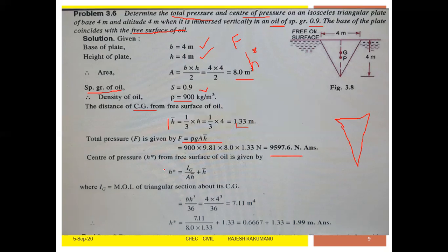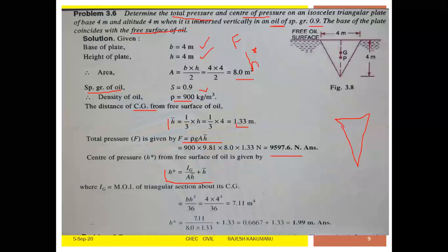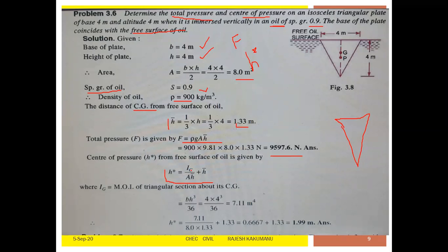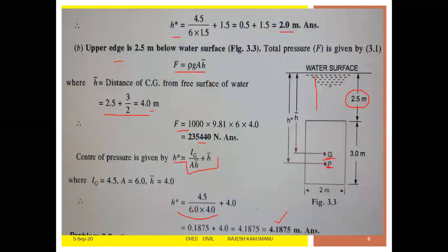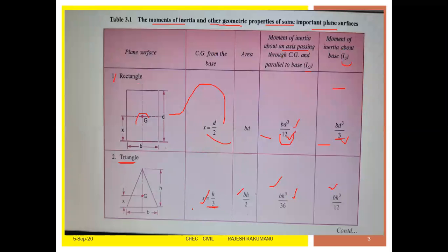Now the center of pressure H star, apply the same formula. Now what do we have to find? We have to find IG, right? IG is equal to B H cube by 36. We already have this in the triangle table, by 36. This one.